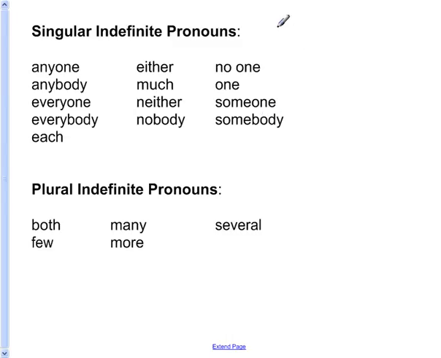When you see one of these indefinite pronouns, they will always be singular. Plural indefinite pronouns. You see one of these indefinite pronouns, they will always be plural. Both, few, many, more, several.